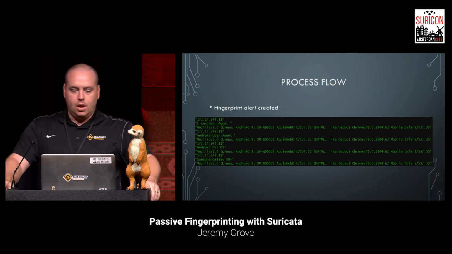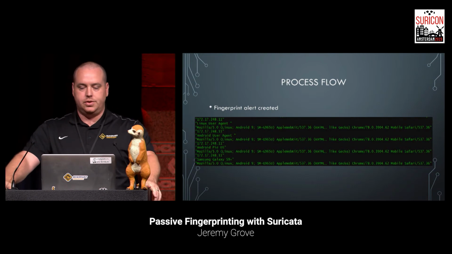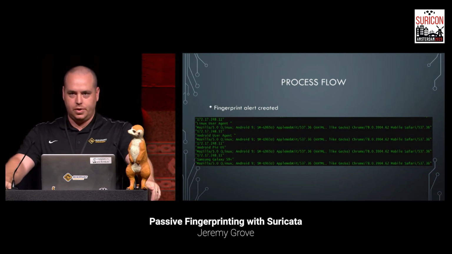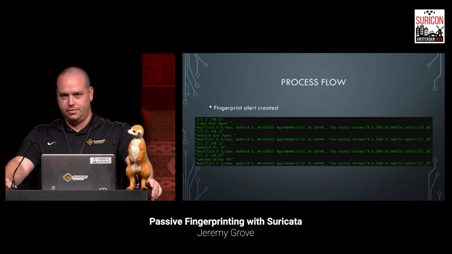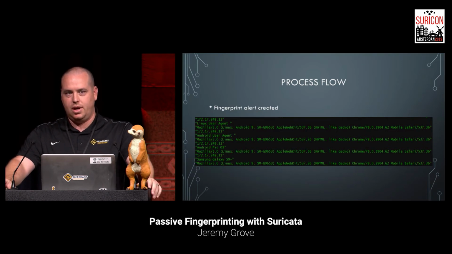So the signatures are created, they're loaded into Suricata. Suricata will begin immediately to set off alerts, just because these signatures, I do put in a threshold so they only go off once an hour. I do keep it at an hour for DHCP reasons, actually. So if a DHCP lease is up, I do want to know relatively soon whether or not a different device now has that IP.